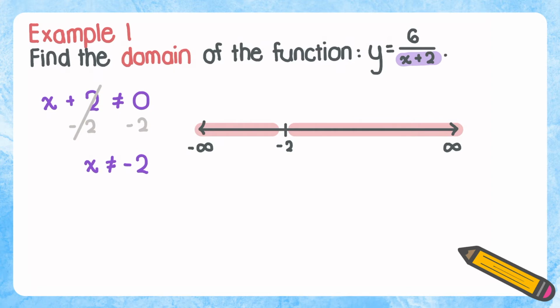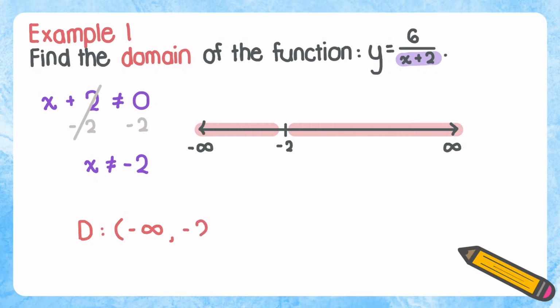So how would we write this as our domain? So we write it as an interval. So the domain starts at negative infinity, and we can go all the way to -2.